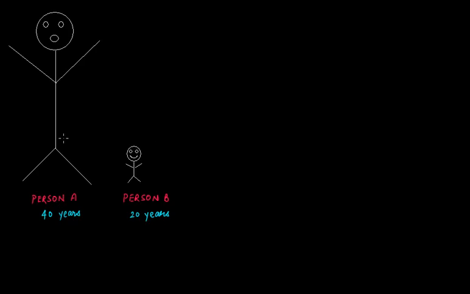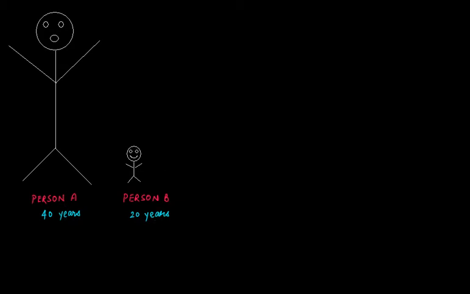This is person A. Person A's age is 40 years and this is person B. Person B is 20 years old. Now, if I ask you to compare the ages of these two persons, you'll say okay, this is 40 and this is 20 years.